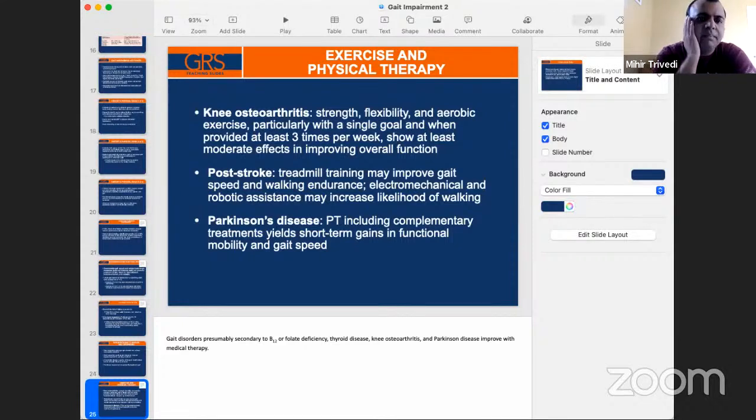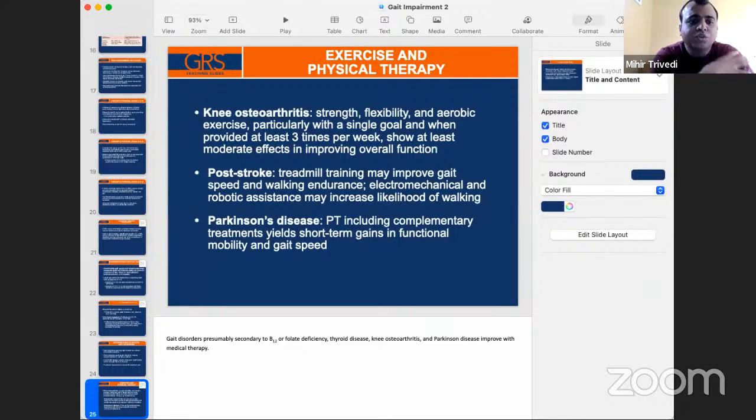Exercise and physical therapy can be very helpful in knee osteoarthritis to improve strength, flexibility, and aerobic exercises, particularly with a single goal. And when provided at least 3 times per week, it shows at least some moderate effects in improving overall function.